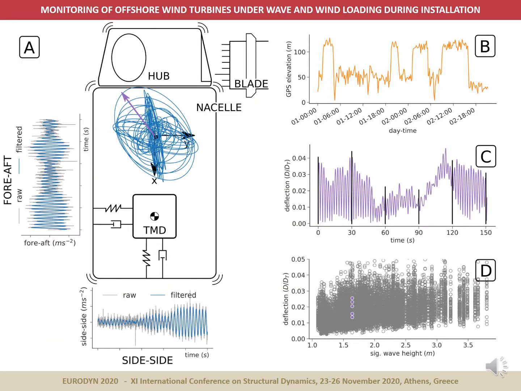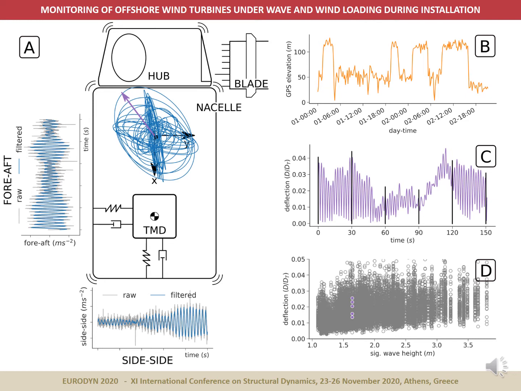This slide visualizes the post-processing. Raw and filtered accelerations from the fore-aft and side-to-side directions are shown below and on the left-hand side of the nacelle. The ball of wool-like structure that can be seen in the center of the nacelle is a Lissajous figure of the positional vector of the turbine.